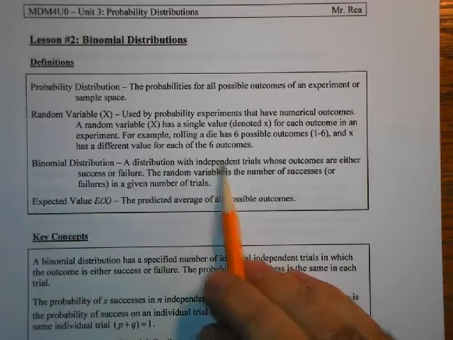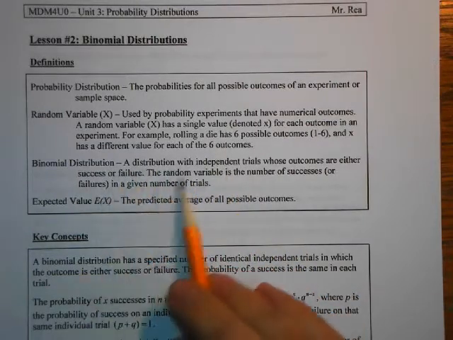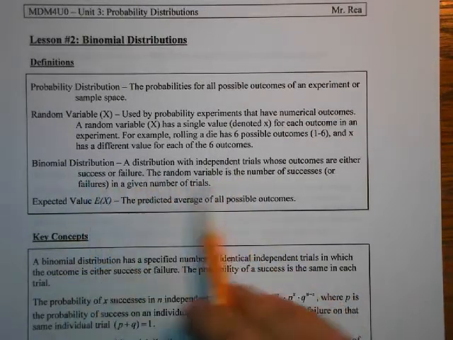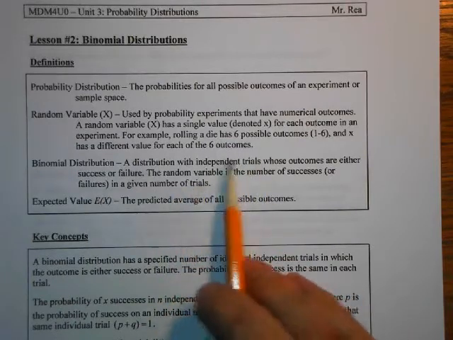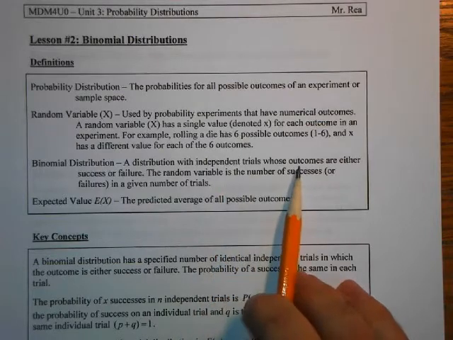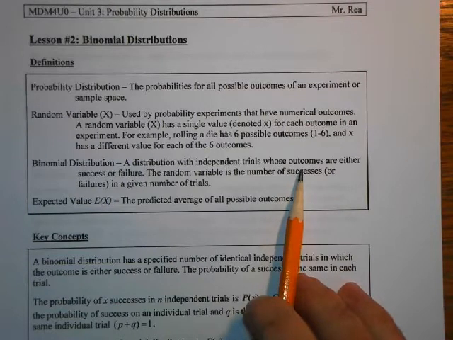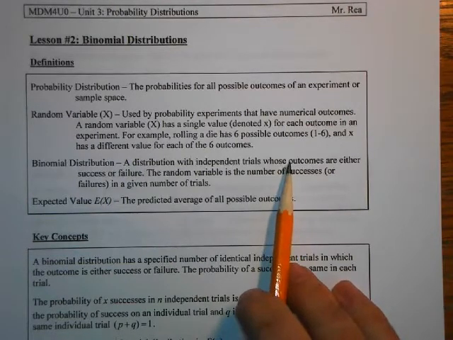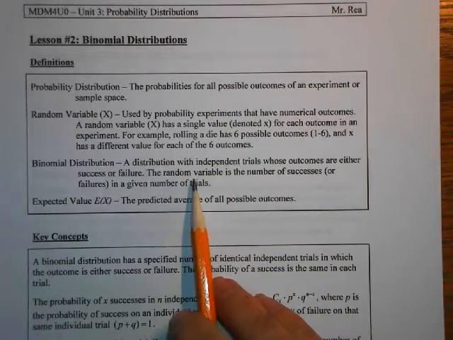So that's important for this. Anytime you use a binomial distribution, it has to be some application where independent trials were used. And what we do is narrow it down to either success or failure. So either you got a certain value or values, or you didn't.